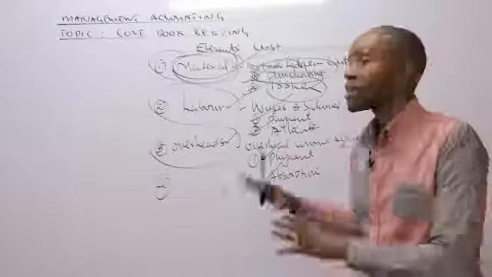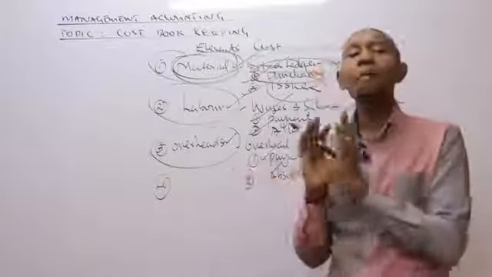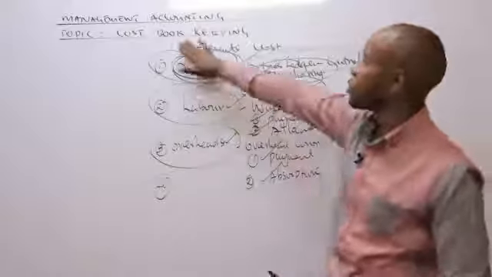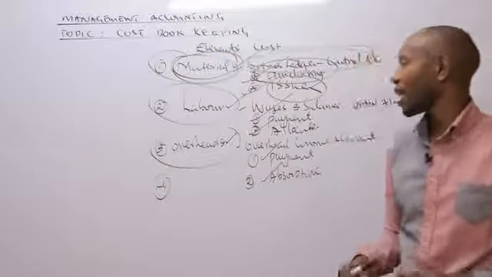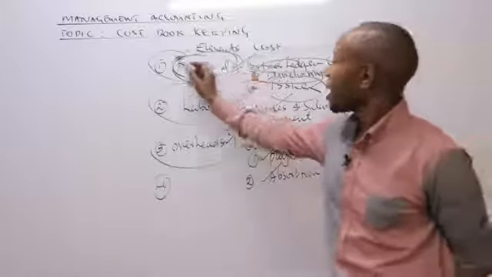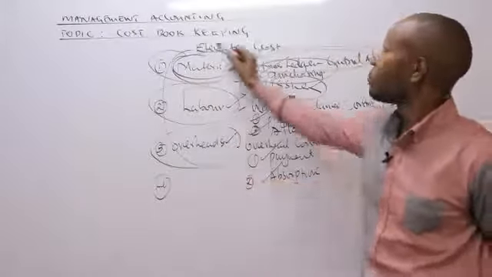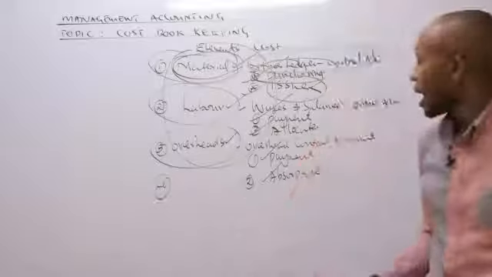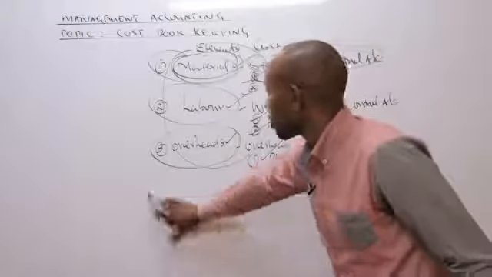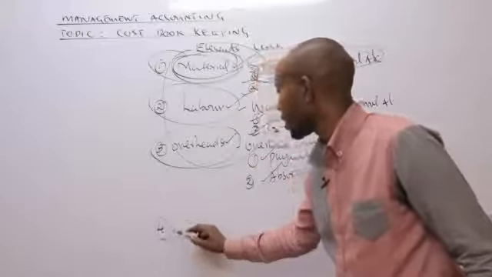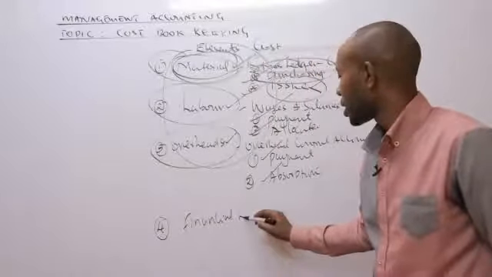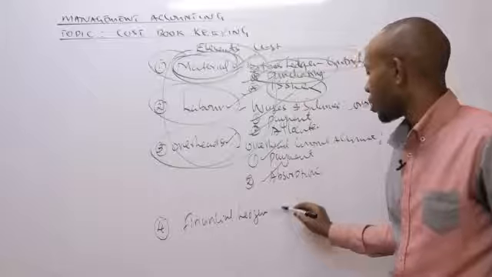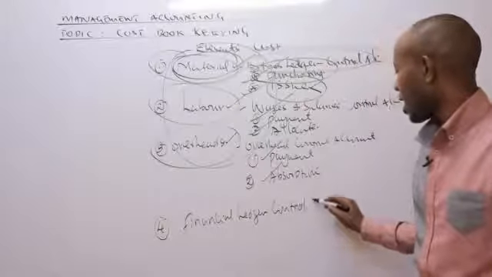Those are the 3 accounts that are a must know if you are to prepare what we call cost books of accounts. Now, all these accounts, we have to complete their double entry, and the double entry will be completed in the account here, which I will call the financial ledger control account.